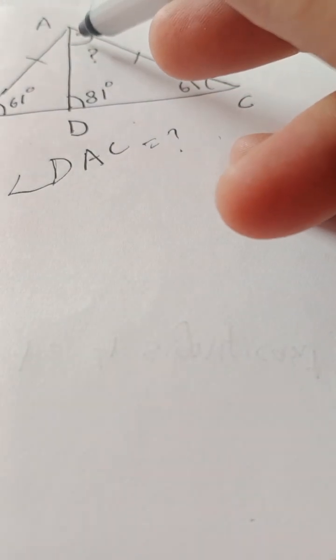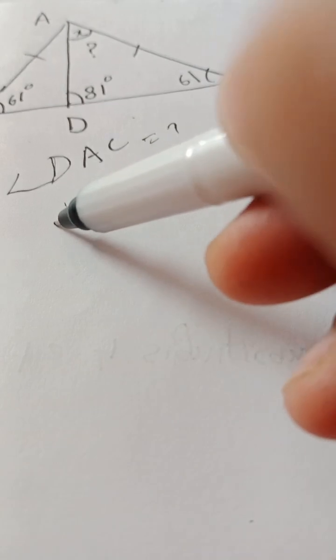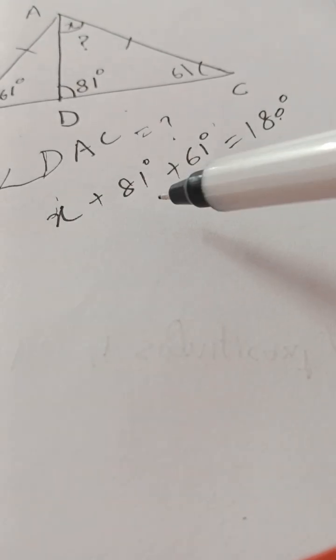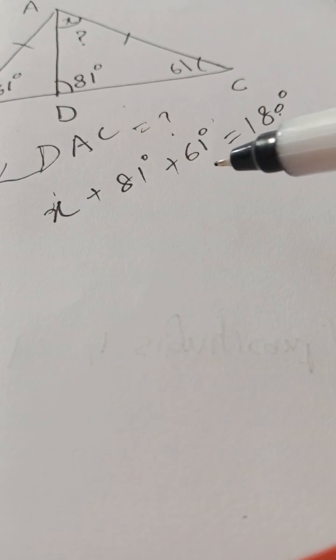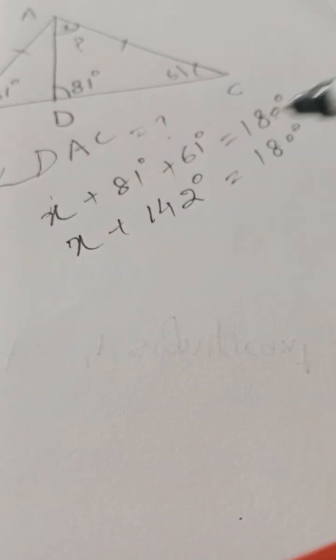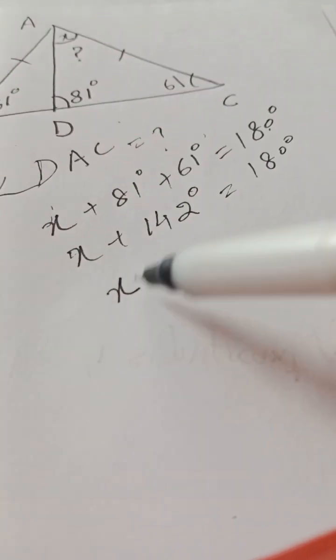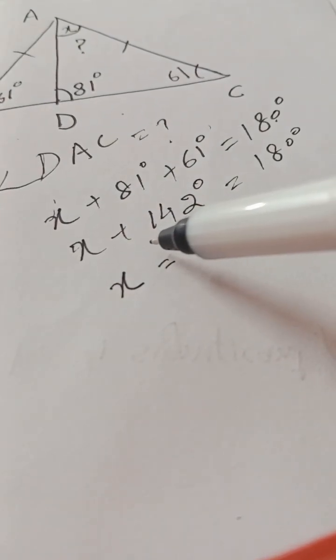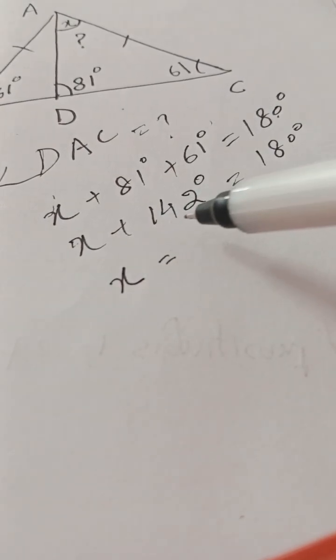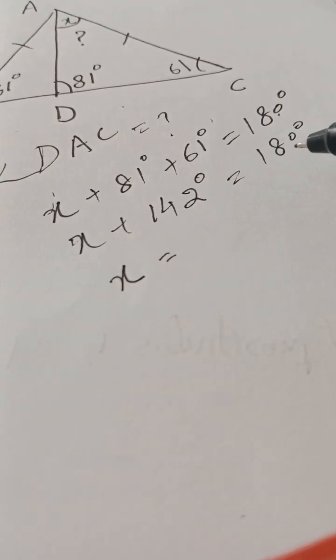So we can use the property of angles. If I consider it that it is x, then angle x plus 81 degrees plus 61 degrees is equal to 180 degrees. The sum of the angles of any triangle is equal to 180 degrees. Now we will add 81 and 61. It will be 142 degrees. To get the value of x, we will shift 142 to the other side of the equality sign, or we will subtract 142 from both sides of the equation.